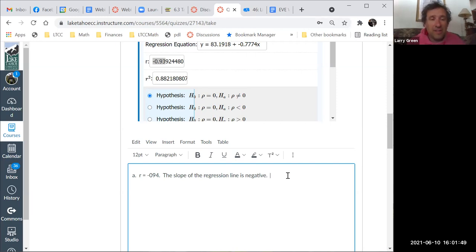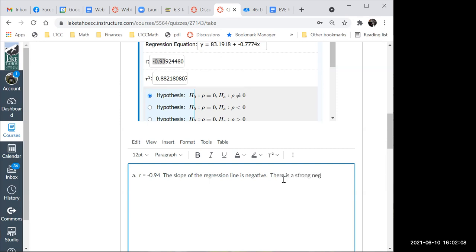And what else can we say? So that's the fact that it's negative. What about the fact that it was 0.94? In particular, very close to -1. There's a strong correlation, and the tendency is that as the percentage of Trump voters increases, the percentage of people vaccinated decreases.